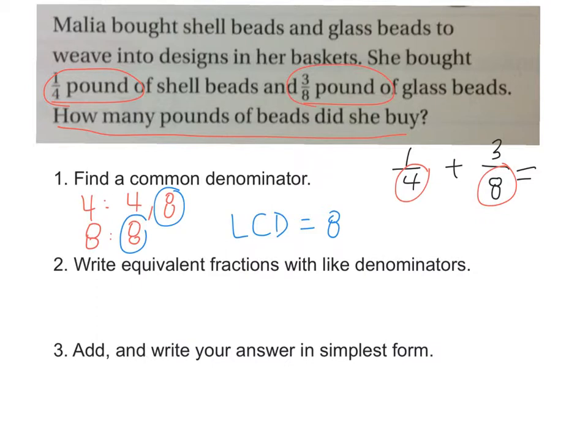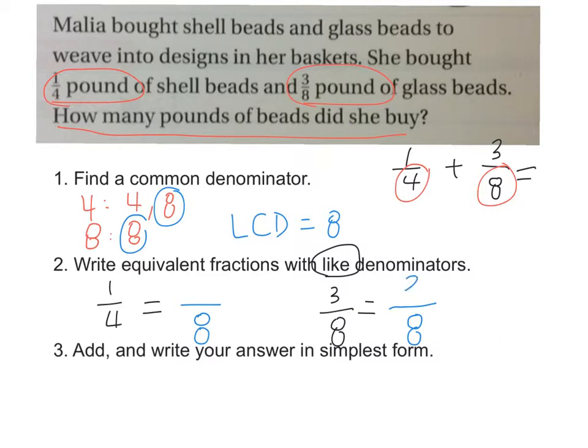Step 2 is to write equivalent fractions that have the same denominators. Like means the same. So I want to rewrite 1/4 and 3/8 into fractions that have the same denominator. Which denominator should I use? 8. When I rewrite 3/8 with a denominator of 8, do I need to change anything?